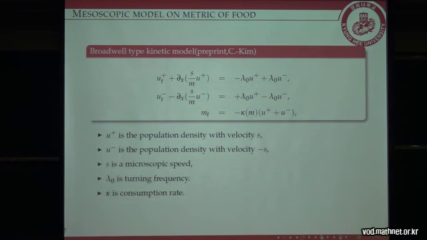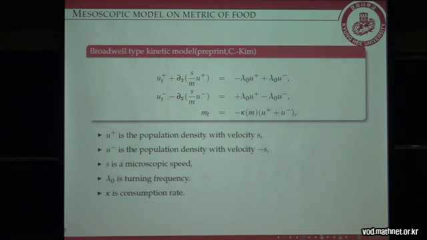Question: you said that the velocity is s, but that's not s. You said U plus is the population density with velocity s, but over there, that's not velocity. Velocity looks like s over m. Okay, I'm sorry. I mean the innate velocity. S is some reference velocity, and the real velocity is s over m.